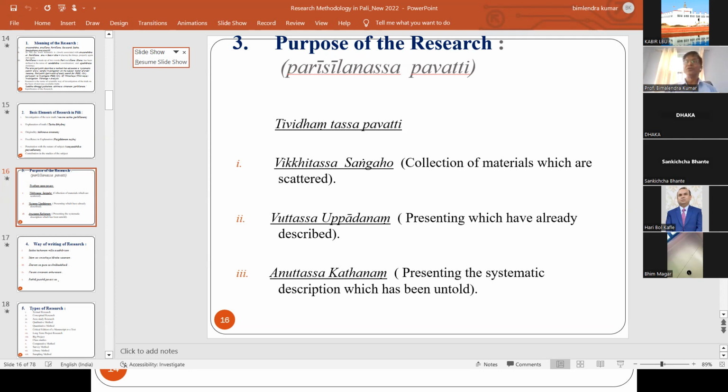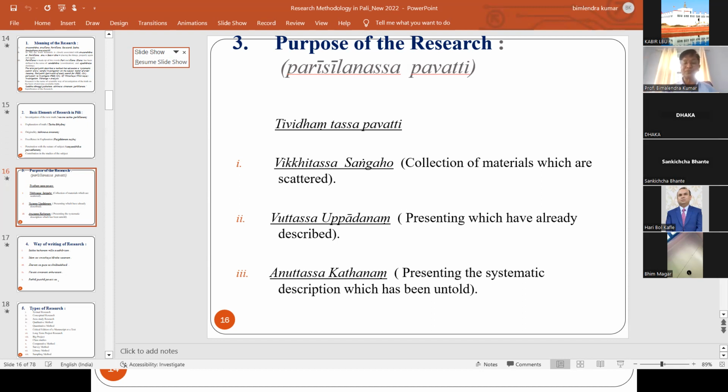First of all, you are making a literature review and presenting the things in a proper manner. Then you are analyzing or interpreting those things which have been written by other scholars. So this is presenting the things which have already been told by the scholars. This is one of the purposes.